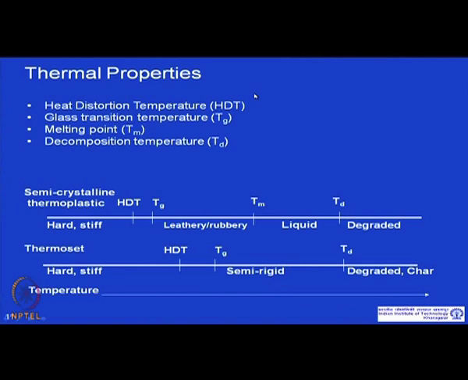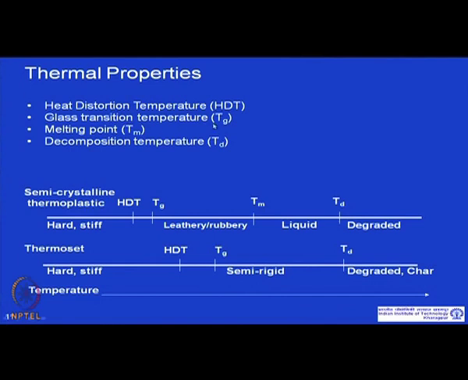We discussed the glass transition and the melting behavior of polymer earlier. Thermal properties are basically the response of polymeric material when the temperature is increased or heat is supplied to the polymeric material.